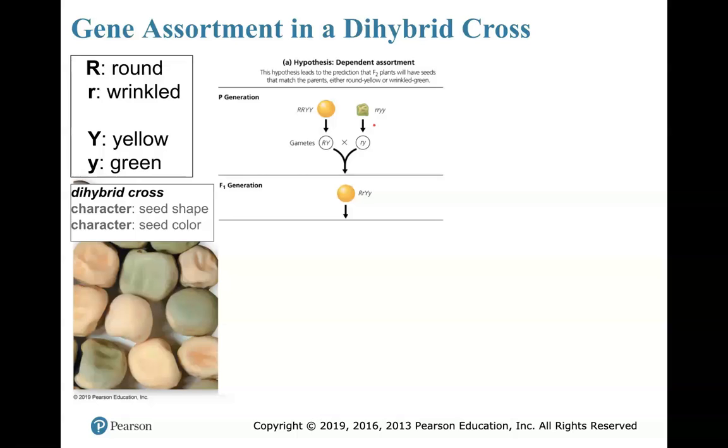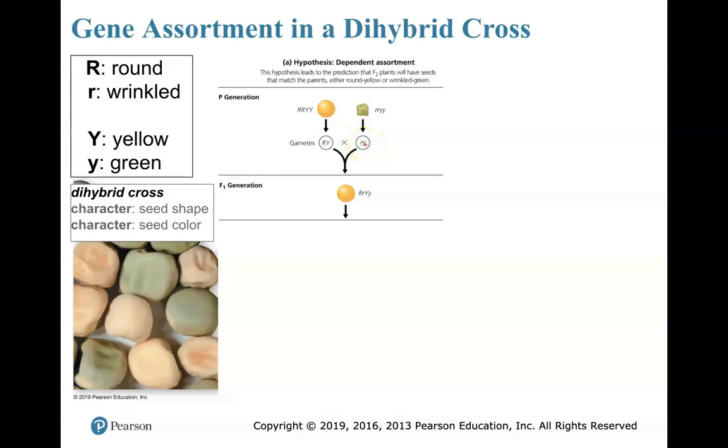Cross-fertilization, bringing those alleles down, and considering that if these alleles were dependent on each other, what I mean by that is that the round allele would go with the yellow dominant allele. They'll both go together. And the same for the recessive. They depend on each other, so they're going to go together.